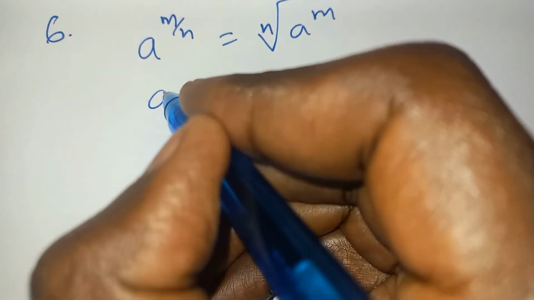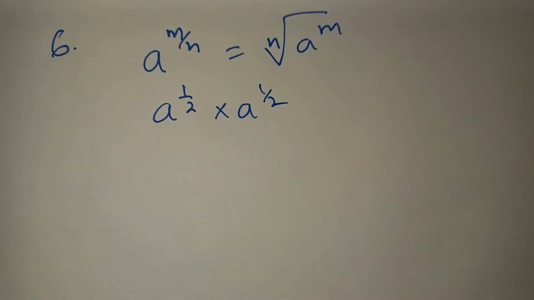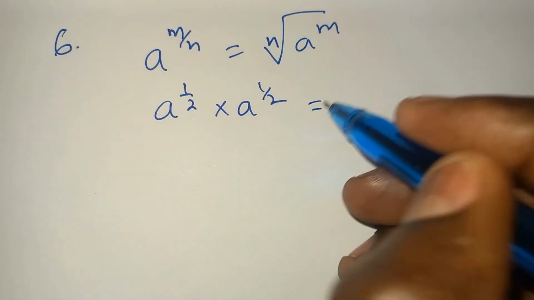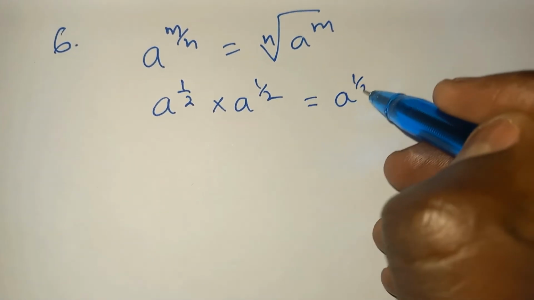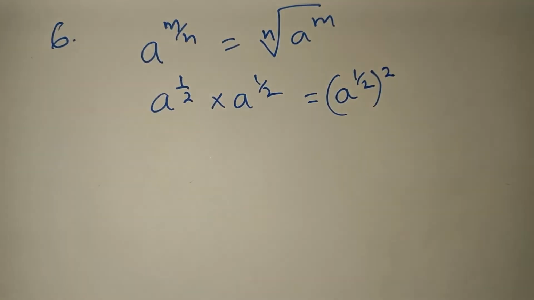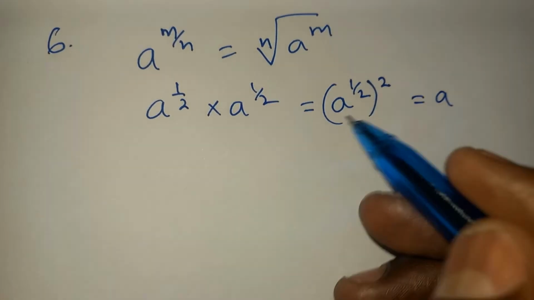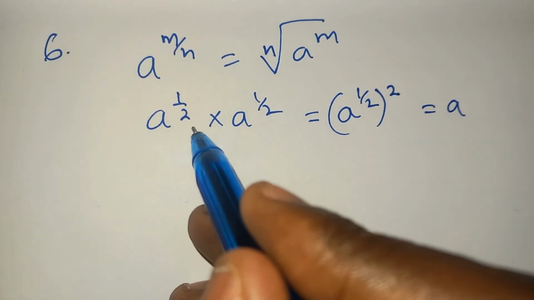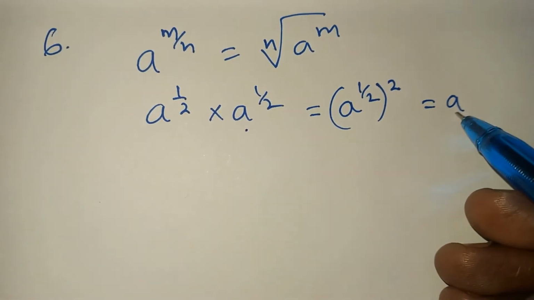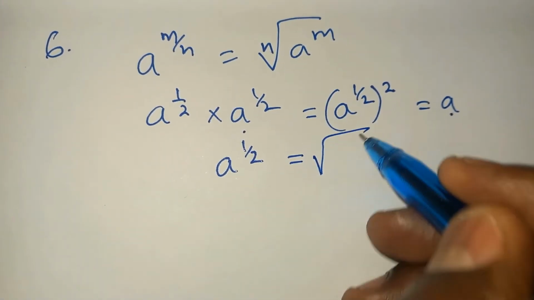What is a raised to the power half multiplied by a raised to the power half? This is the same as a raised to the power half, raised to the power 2 using the power rule, which is the same as a. So if a raised to the power half multiplied by a raised to the power half is a, it means a raised to the power half is actually the square root of a.